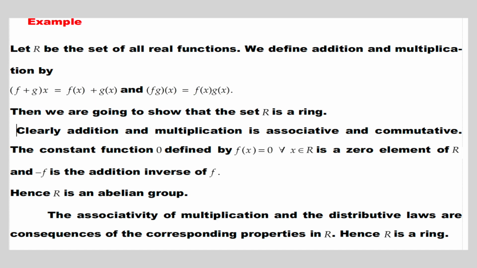The constant function 0 defined by f(x) = 0 for all x belongs to R is a 0 element of R, and −f is the additive inverse of f. Hence, R is an abelian group. The associativity of multiplication and the distributive laws are consequences of the corresponding properties in ℝ. Hence, R is a ring.